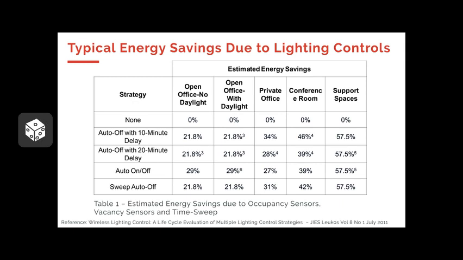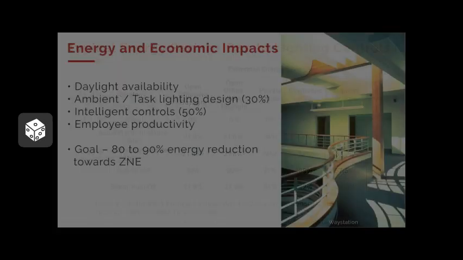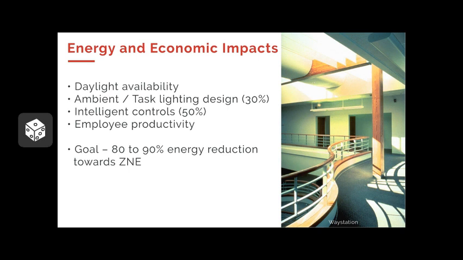And so this is where it's really good. And the automatic sweep off, which is the bottom one, that again is to help when you know what the cleaning crew schedule is and to make sure all the lights are off in the middle of the night. So there's a huge impact in energy savings.